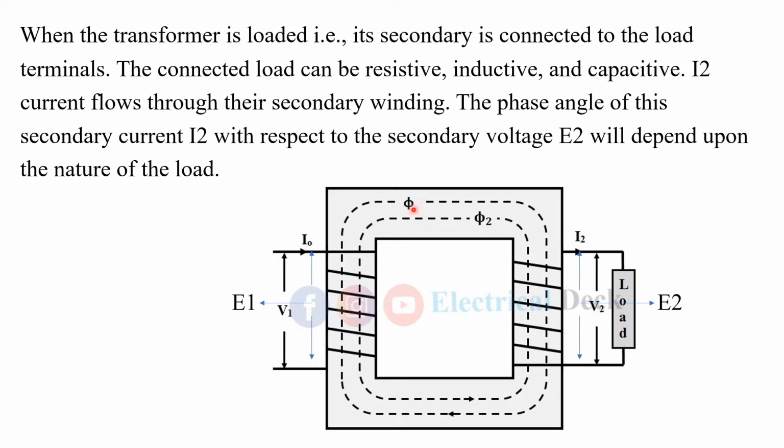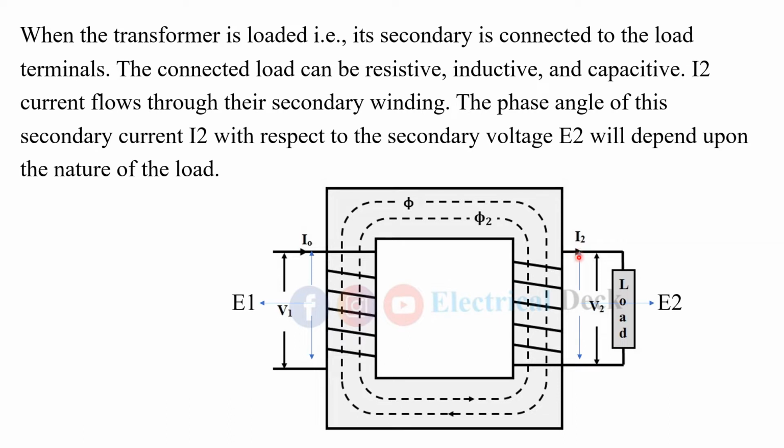So the flux phi flows through the core due to I0, and phi 2 is the flux that flows through the core in the opposite direction of the main flux phi due to I2.